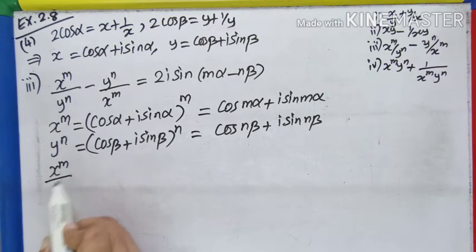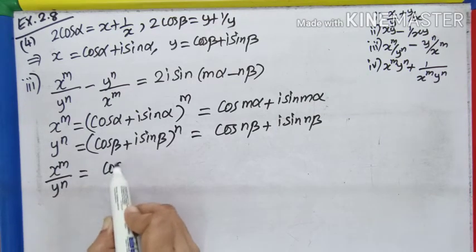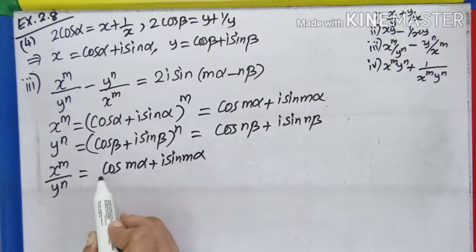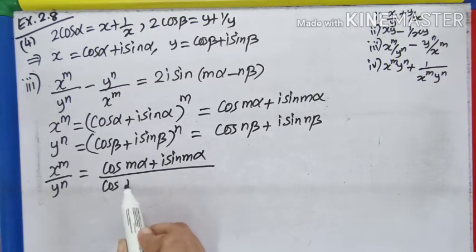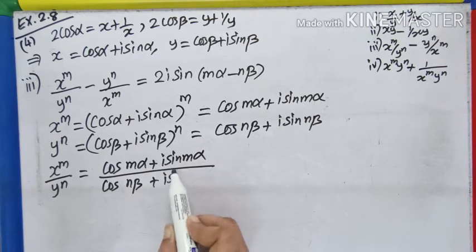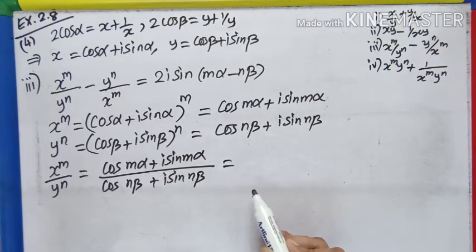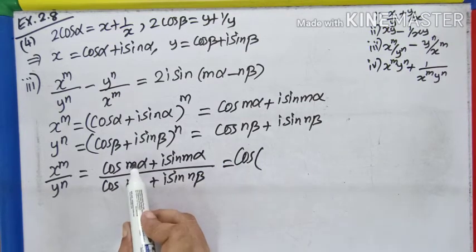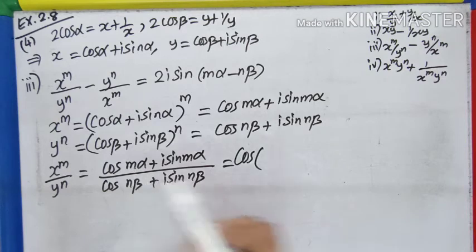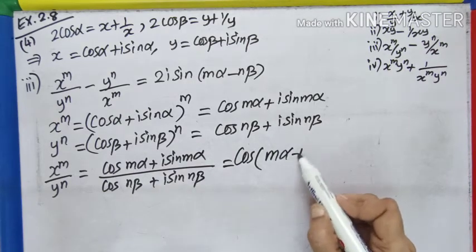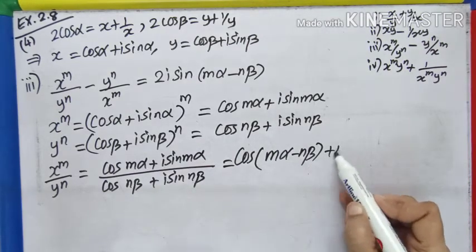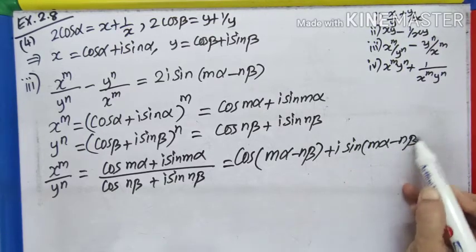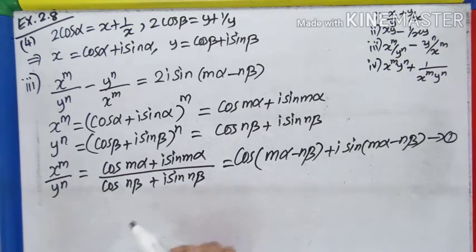So x power m by y power n means cos m alpha plus i sine m alpha divided by cos n beta plus i sine n beta. Division means subtract the argument. Cos, here m alpha, here n beta, subtract. m alpha minus n beta plus i sine m alpha minus n beta. Call this as number 1.